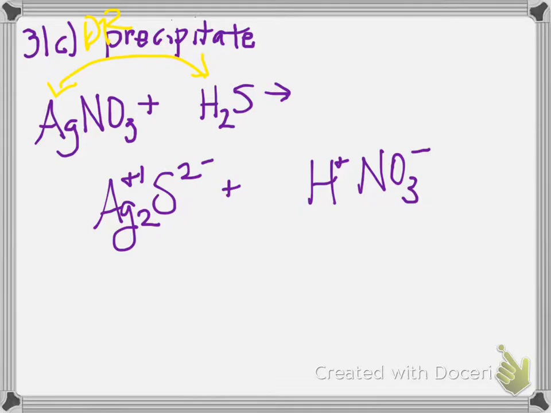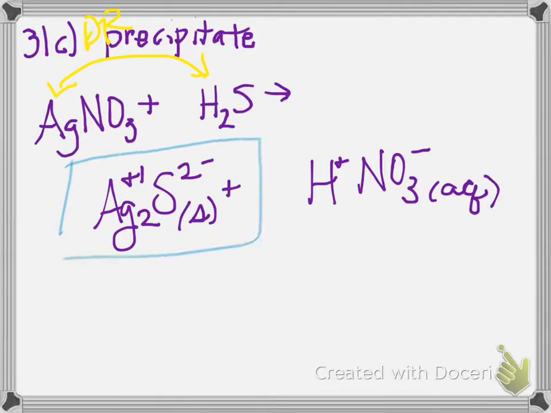So again, if I look at my rules for silver sulfide, I'm going to look at rule number 5, which says most are insoluble, and again, the exceptions being alkali metals and ammonia, so I expect this is my solid. I'm going to confirm rule number 2 says nitrate salts are soluble with few exceptions, so this is aqueous. So my precipitate again is this silver sulfide.